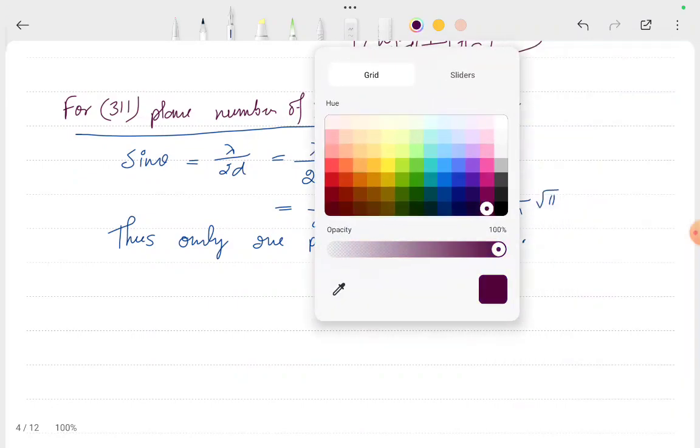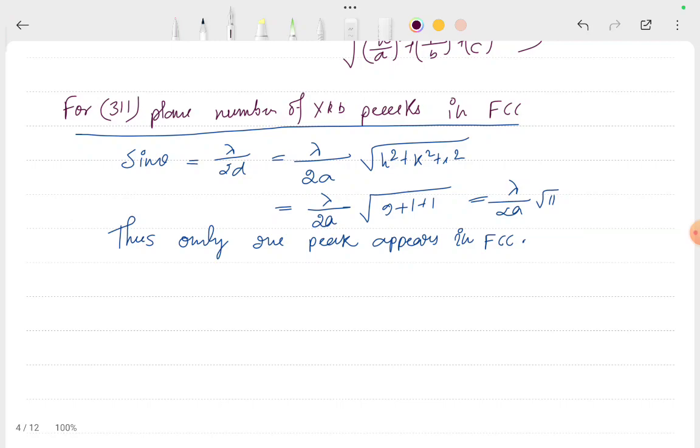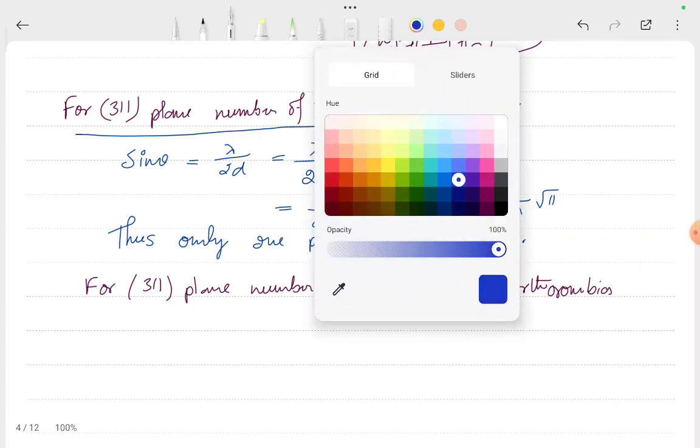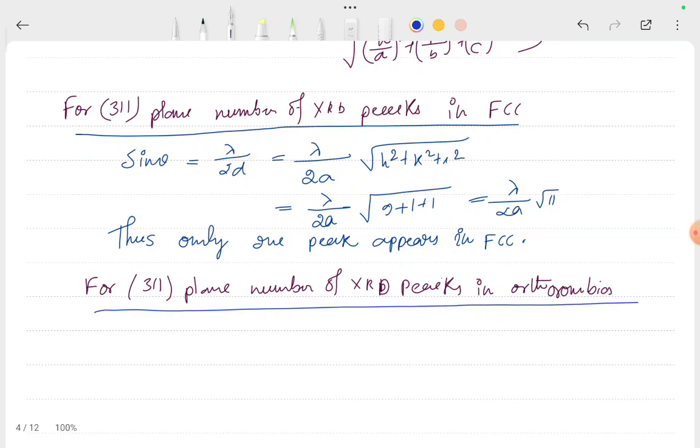We calculate the number of XRD peaks in orthorhombics for the 311 plane. Okay, this is our next task. I try to solve it.